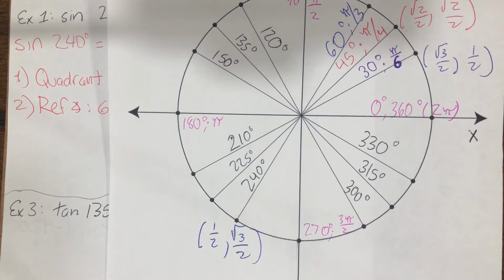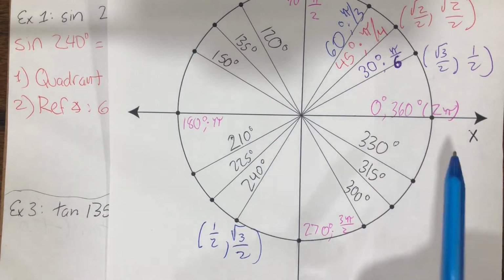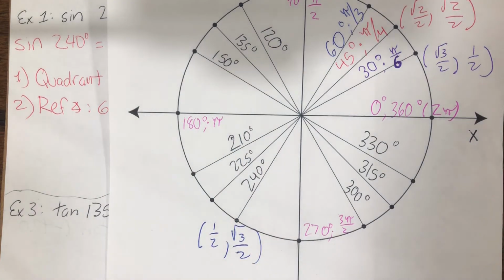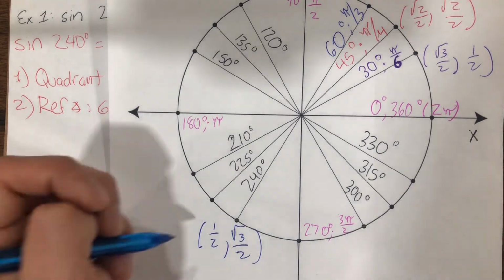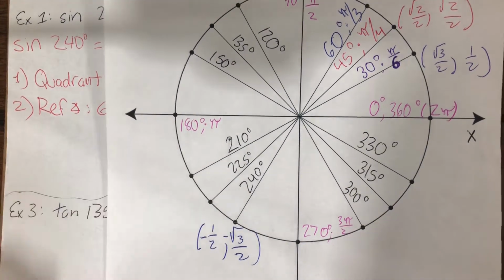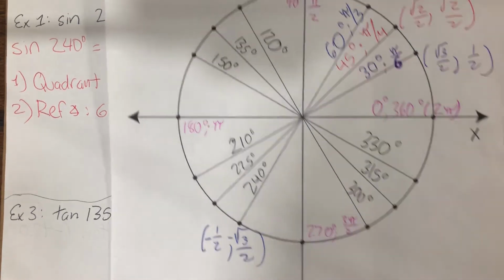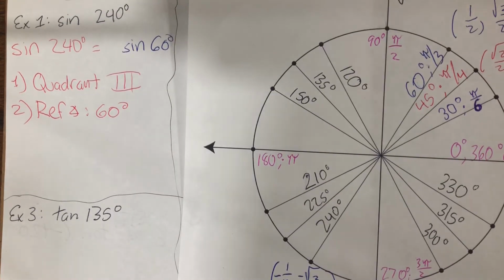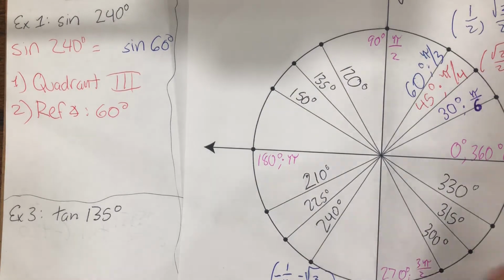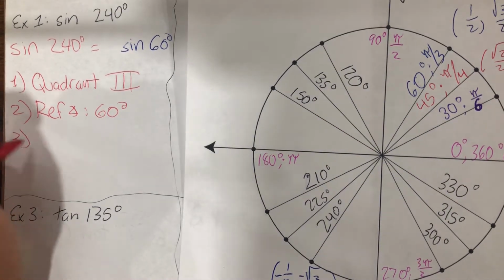If you take a look at the placement, which is in the third quadrant, the x-axis is in the left direction, which is negative, and the y-axis is going in a downward direction. So both of these are going to be negative outputs, negative x and y coordinates. So now we can go ahead and evaluate sine of 60 degrees.